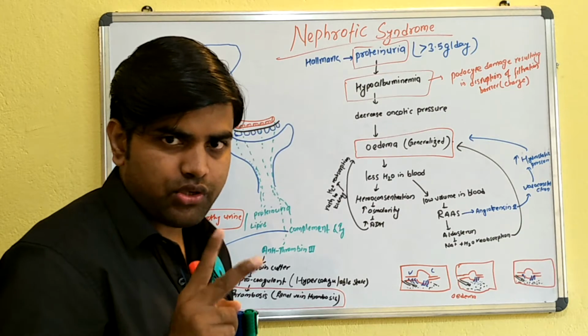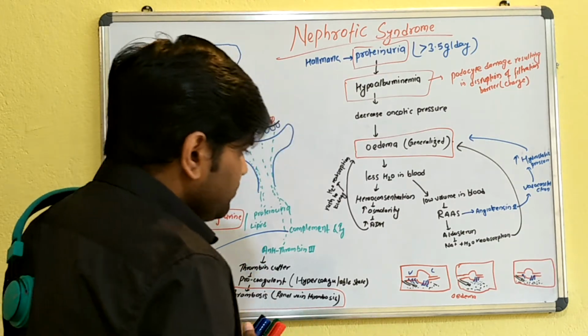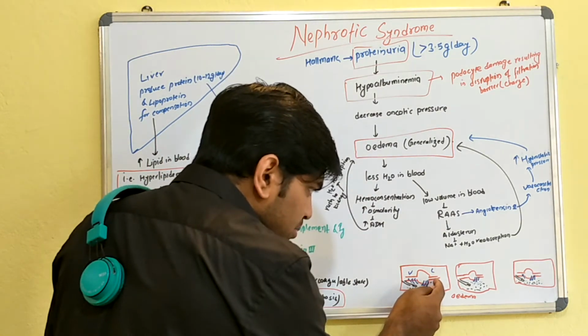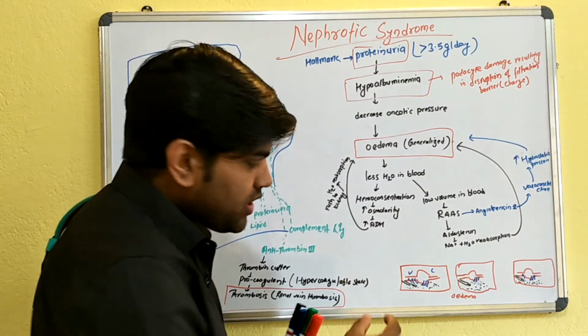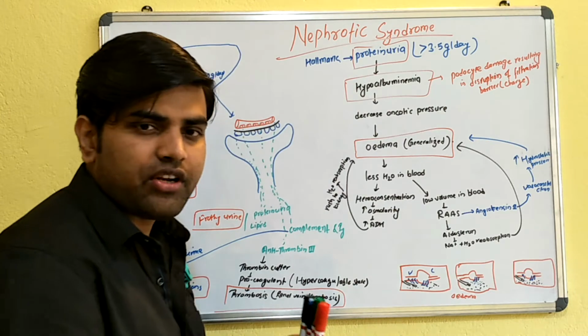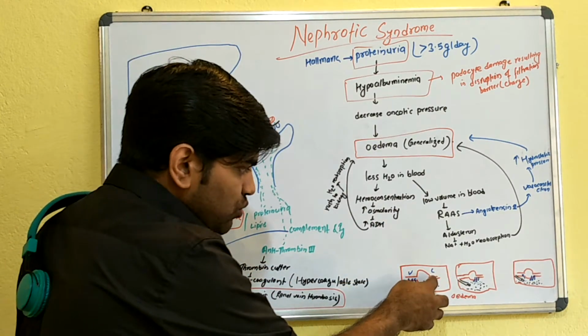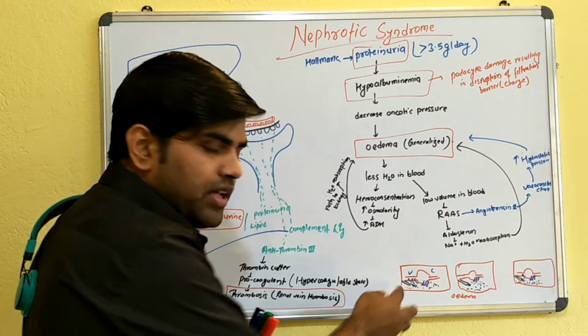There are two things you need to remember. One is the hydrostatic pressure, which is increased at the capillary end. You know the cardiac output force is there, so hydrostatic pressure is there, which decreases down toward the venous end.